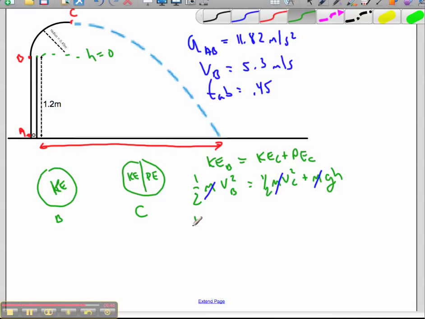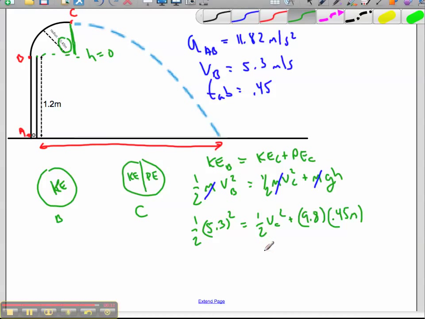This will be 1/2 times 5.3 squared equals 1/2 VC squared plus 9.8 times a height of 0.45 meters. That's because this height here is the same as the radius, which is given as 0.45 meters.